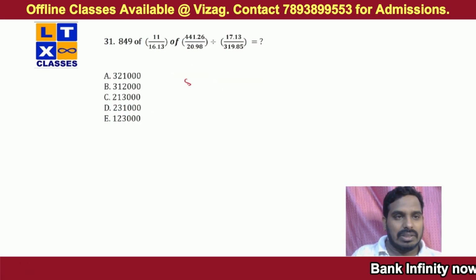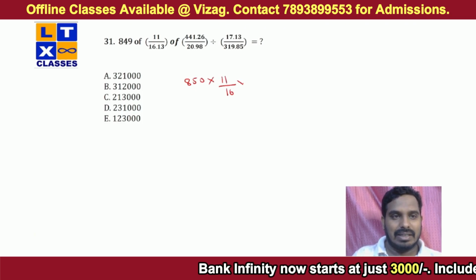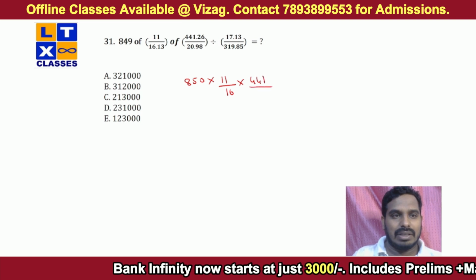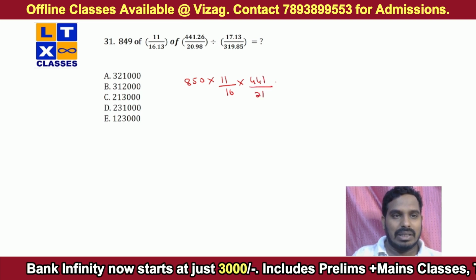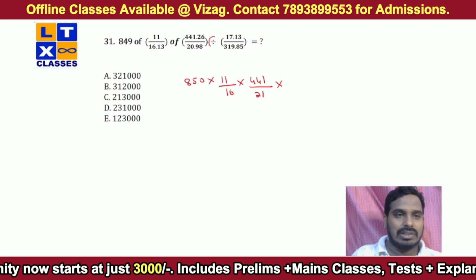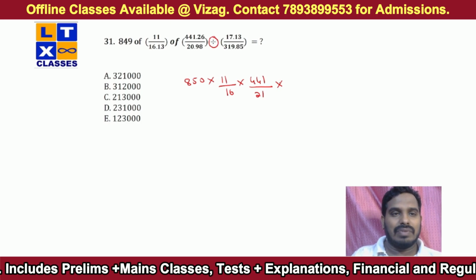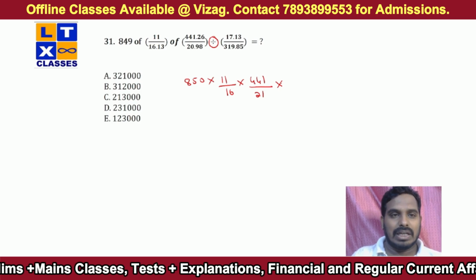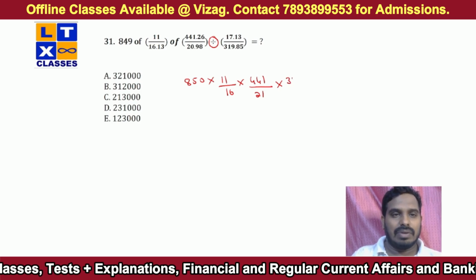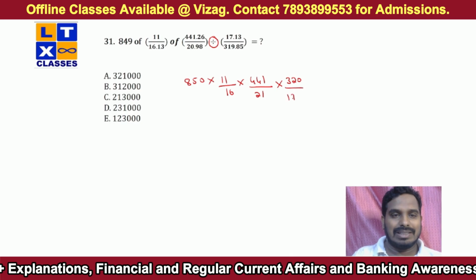Next one. So this is 850 into 11 by 16 into 441 divided by 21. See, I'm changing the symbol here. I'm changing a division into multiplication. So I will reverse the order of both my numerator and denominator. So this will be equal to 320 by 17.